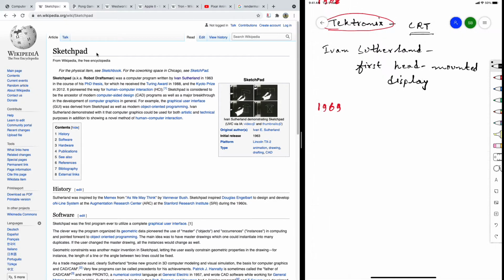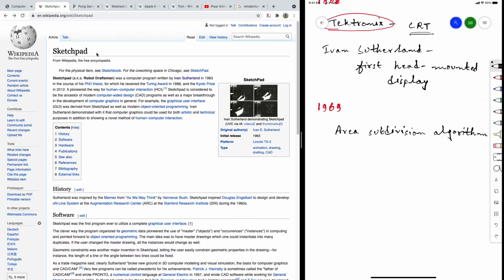The first thing that happened in 1969 is the area subdivision algorithm was released.